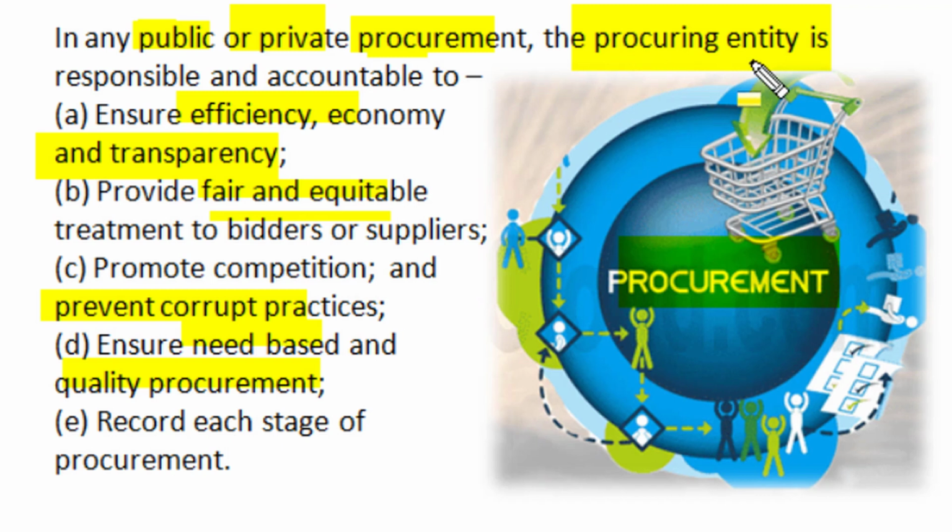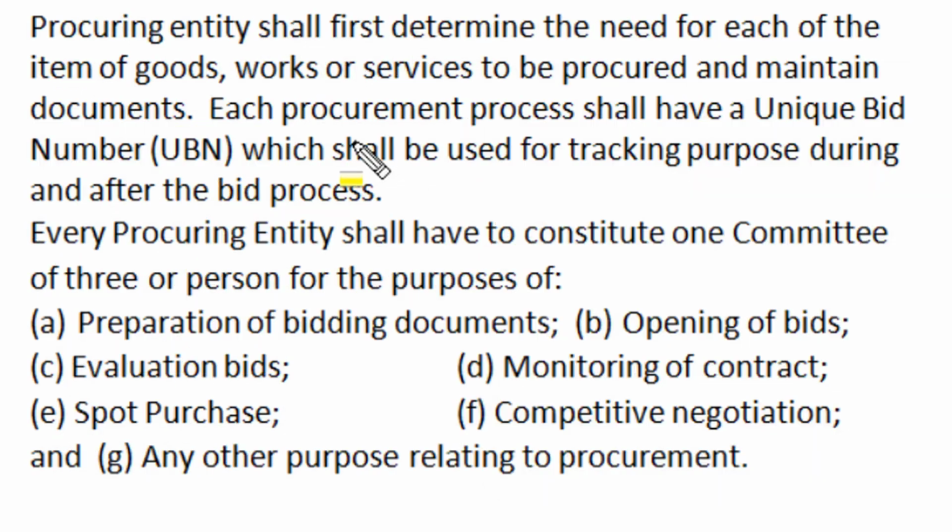Now the procuring entity is also responsible to record and prepare documentation for each stage of the procurement process. Before starting any procurement process, the procuring entity shall first determine the need or requirement for each of the items of goods, works or services that are basically required and to be procured, and has to prepare and maintain all the relevant documents for that requirement.